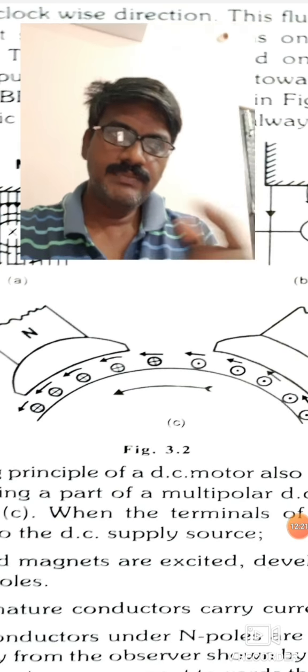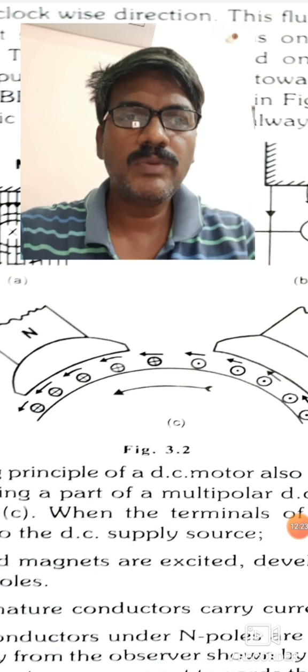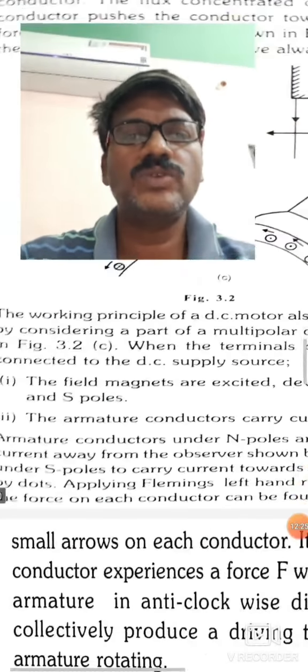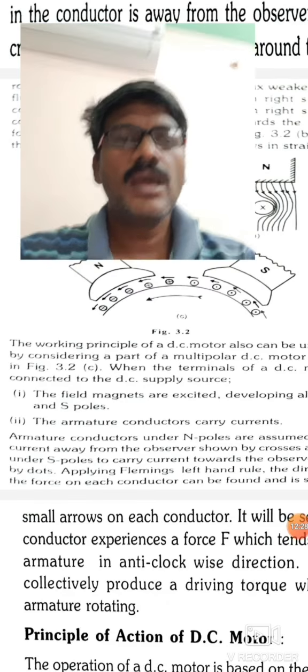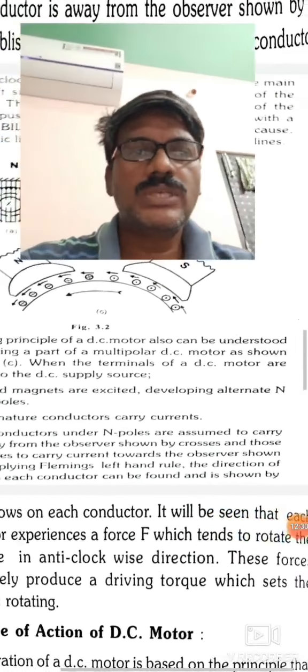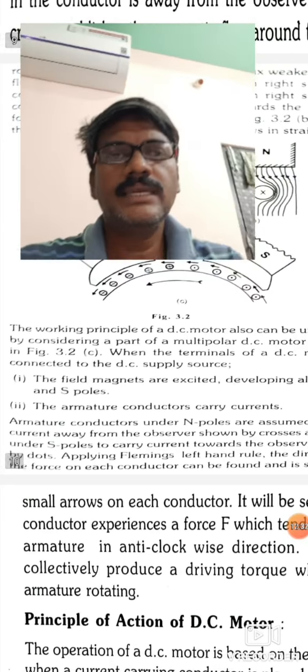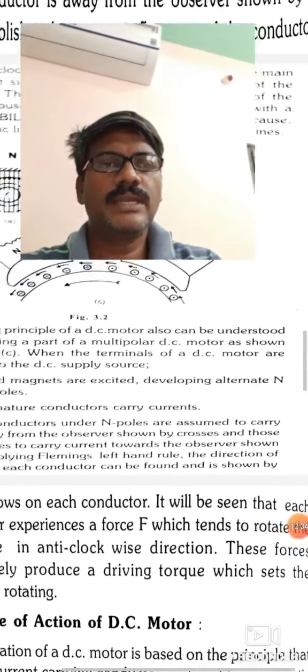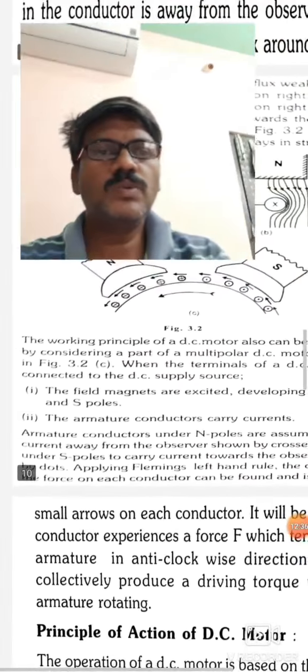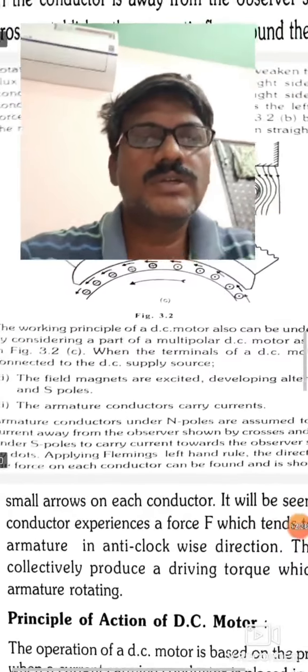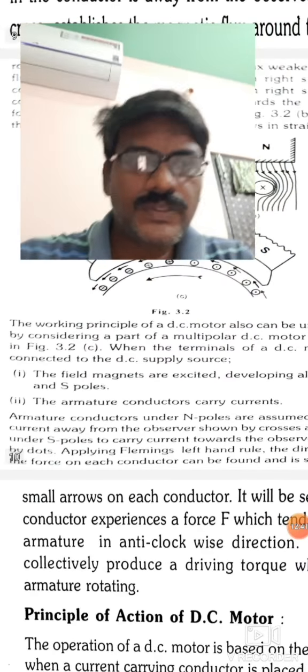At the same time, when current passes through the field winding, it produces north pole and south pole. Next, armature conductors under north poles are assumed to carry the current away from the observer, shown by the cross, and those under south poles to carry the current towards the observer, shown by the dot.